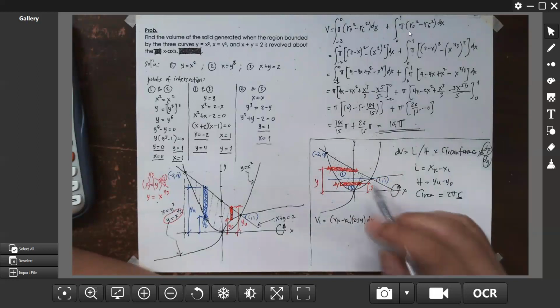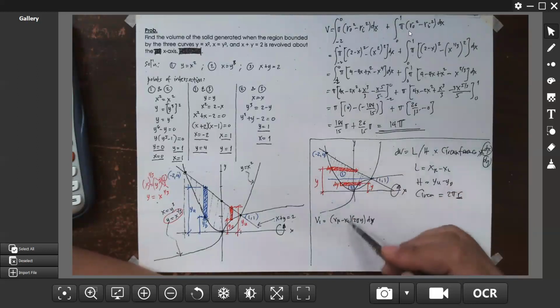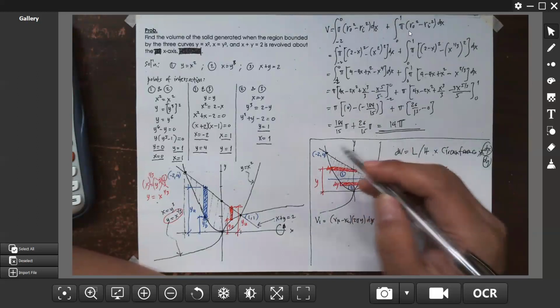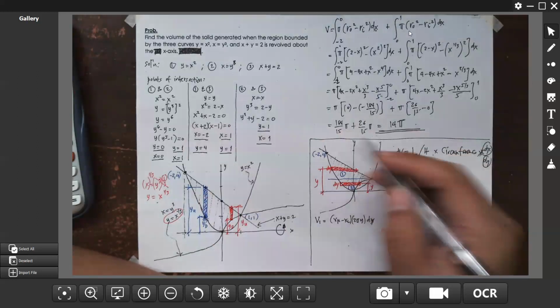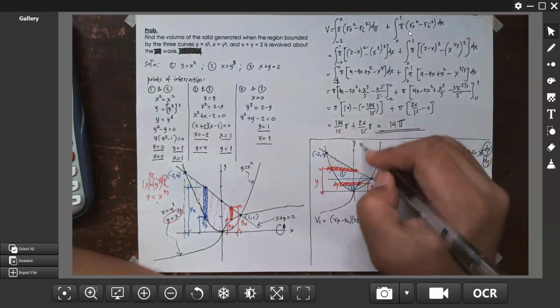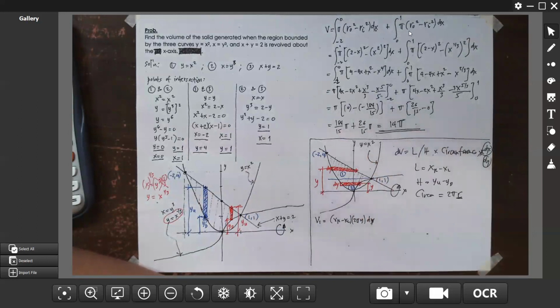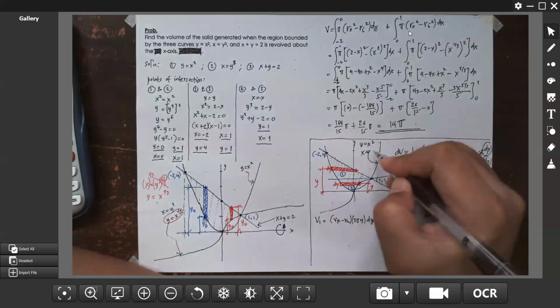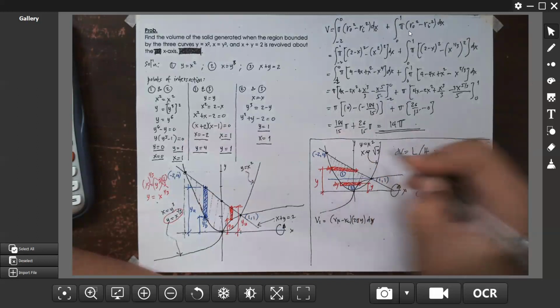Now, you will notice that our x left is a parabola. For the parabola, the equation is y is equal to x squared. So, when you solve for x, that's square root of y.